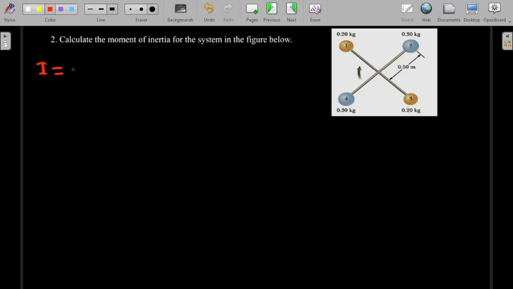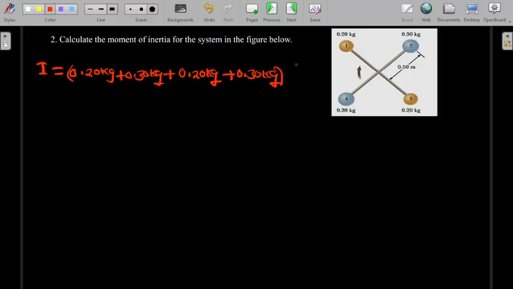Pin 1 has a mass of 0.20 kg. Then pin 2, as you can see, so we are adding the masses. Pin 2 has a mass of 0.30 kg. Then pin 3 has a mass of 0.20 kg. Then pin 4 has a mass of 0.30 kg. Okay, so you add the masses.